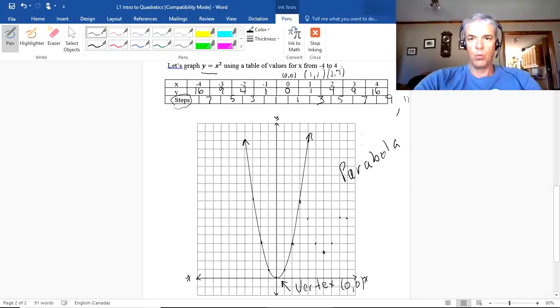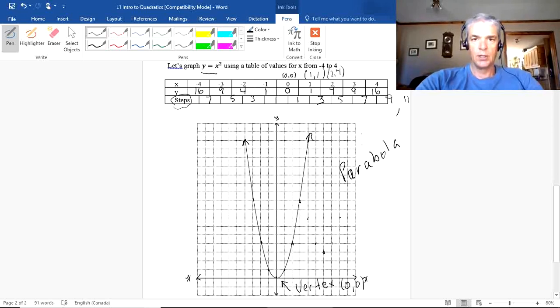I can go over 1, up 5, 1, 2, 3, 4, 5. And now I have a few points here. I'm just going to put that point back in, and I can draw my graph.